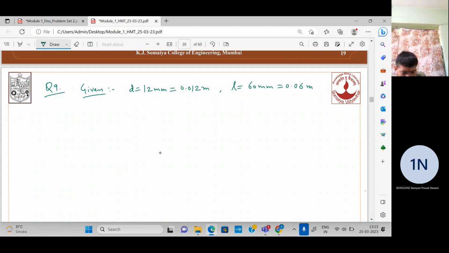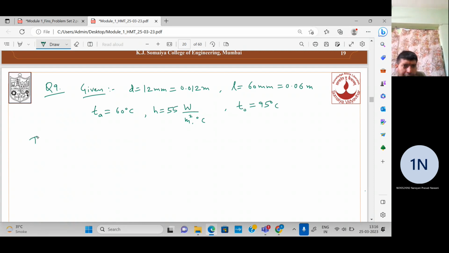It is exposed to the surroundings with a temperature of 60 degrees Celsius. That means the surrounding or ambient temperature is 60 degrees Celsius. And heat transfer coefficient of 55 watt per meter square degree Celsius, that is h is equal to 55 watt per meter square degree Celsius. Temperature at the base of the fin is 95 degrees Celsius, so T naught is 95 degrees Celsius.